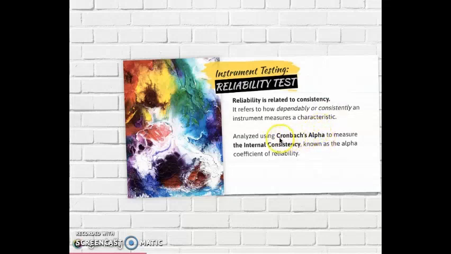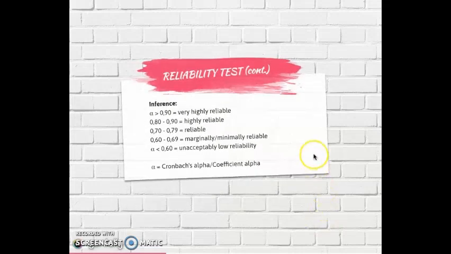The reliability test is analyzed by using the Cronbach's alpha to measure the internal consistency, also known as the alpha coefficient of reliability. To see whether an instrument is reliable, the following guideline can be used. Here you can see how the Cronbach's alpha is symbolized.